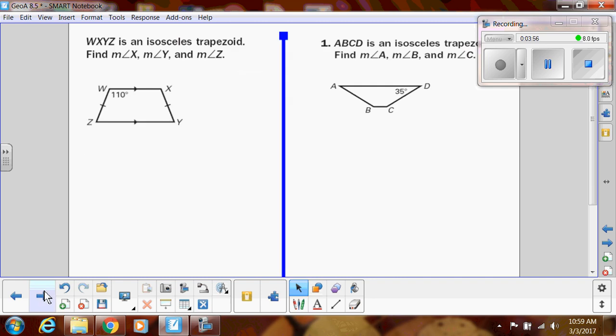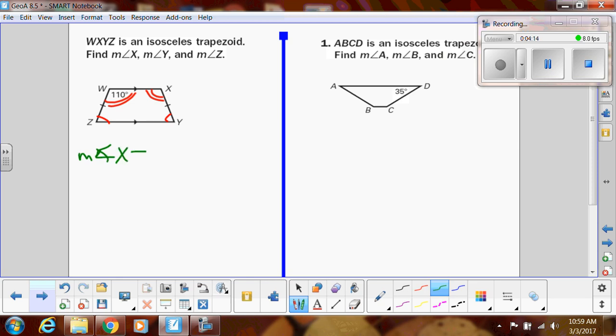All right, so let's do a little bit of application of this. So we have WXYZ as an isosceles trapezoid, so keep in mind we know base angles as well. Okay, so I know that the measure of angle X is 110, and then I also know that these are going to be supplementary, so this has to be 70 and 70.